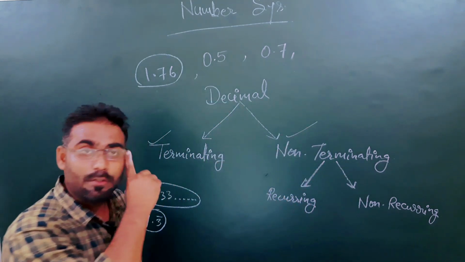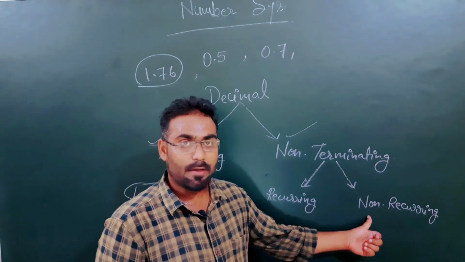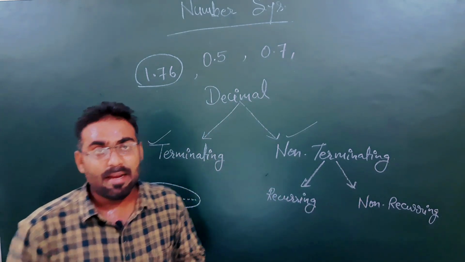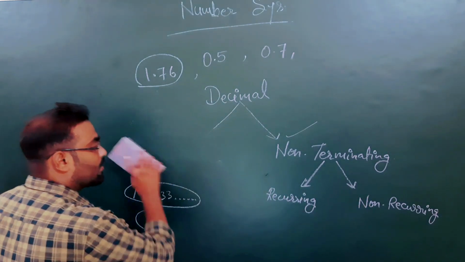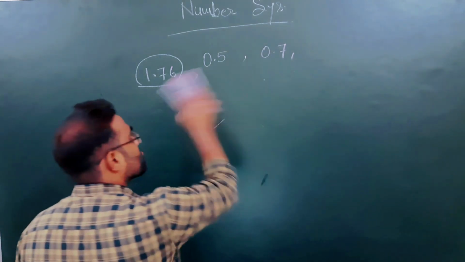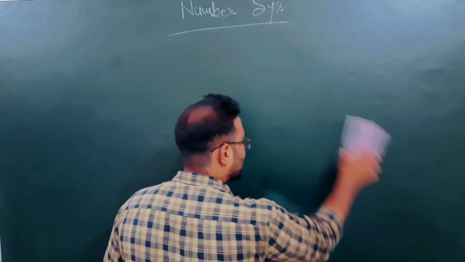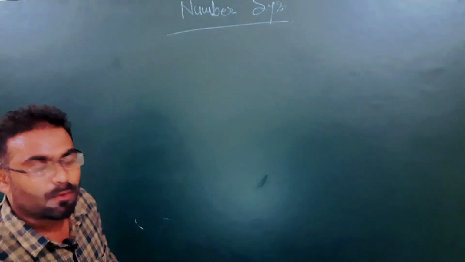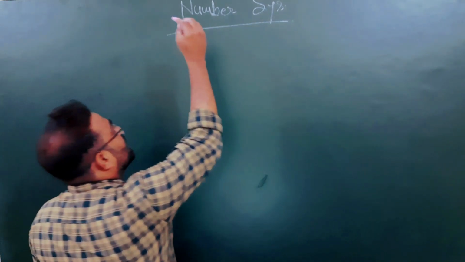Now there are two new terms, recurring and non-recurring. If you have cleared the concepts by now, let's go through the last classification of recurring and non-recurring.